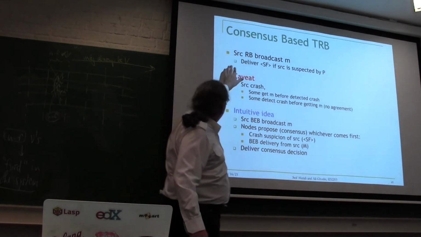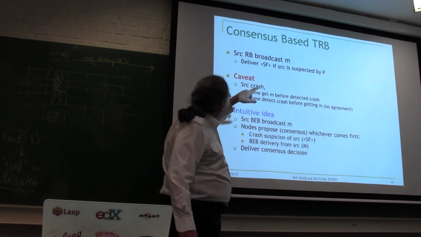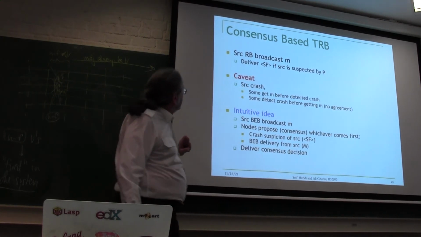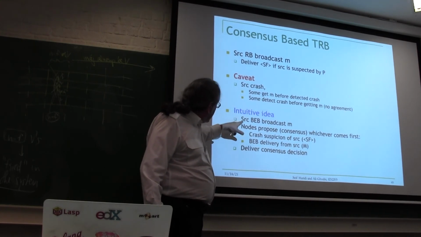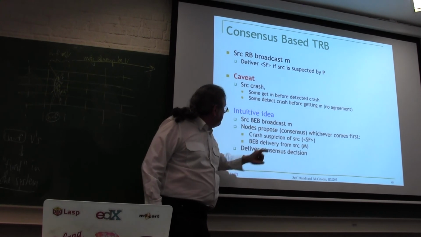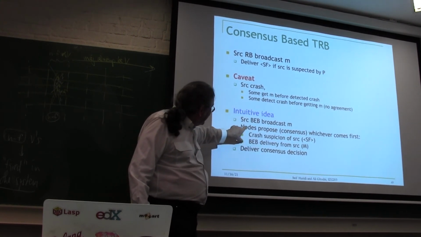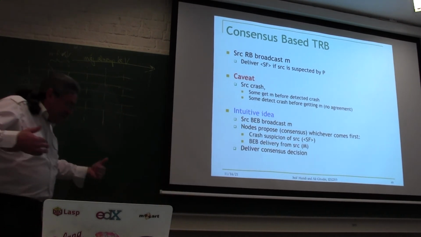So the source node will do an RB broadcast, but if the source node is suspected, I deliver SF. Okay? The idea is that if the source node does a BEB broadcast, the nodes will propose. You want all nodes to receive something, and consensus has that.